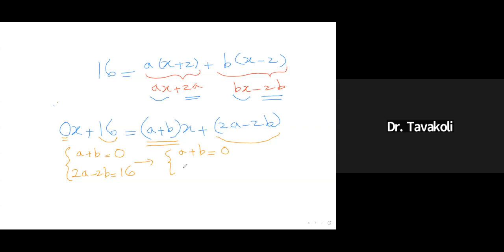If I divide both sides by 2, I will have a minus b equals 8. And now if I add up these two, b and minus b cancel out, then 2a equals 8, so a is 4. And knowing that a plus b is 0, if a is 4, b is what? Minus 4.